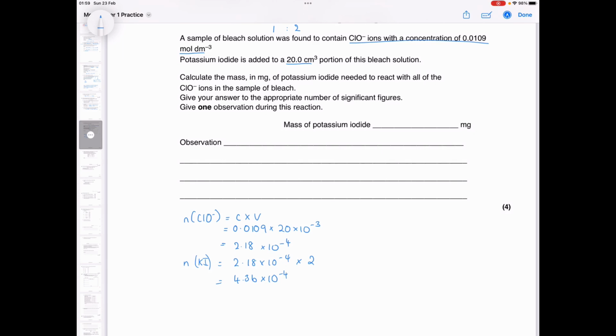And the next thing we need to do is calculate what that is in grams, that number of moles in grams. So we do moles times Mr. It's going to give us the mass in grams. So the Mr, using the periodic table, is 166.